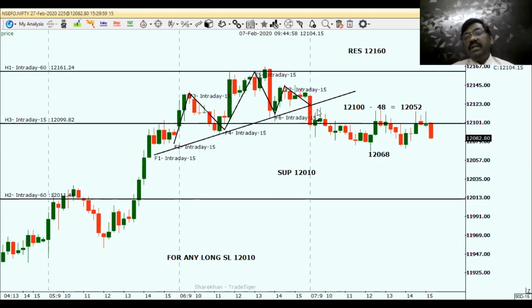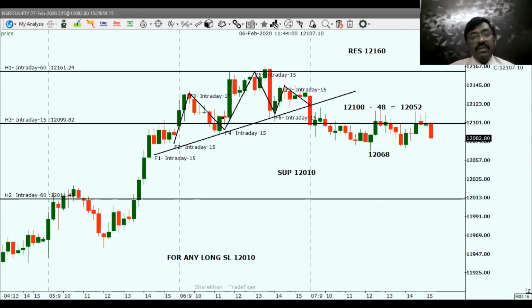Same thing happened on the downside. The day ended with a negative close. So this is how we study futures Nifty to trade for next week. This is the intraday chart, how to trade Monday.